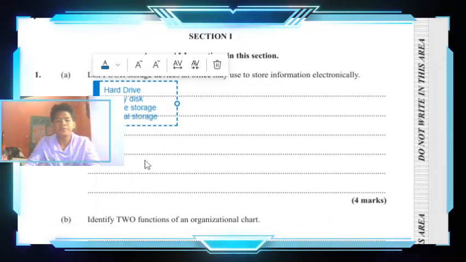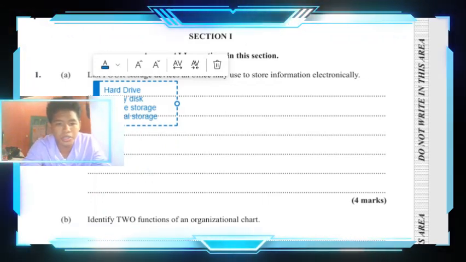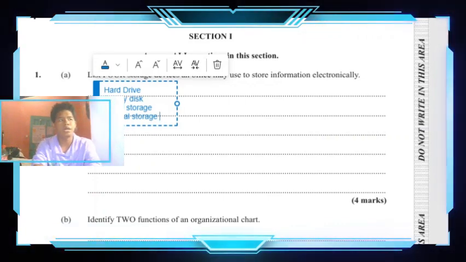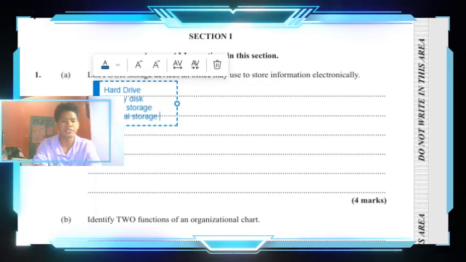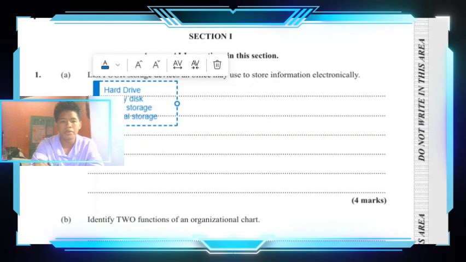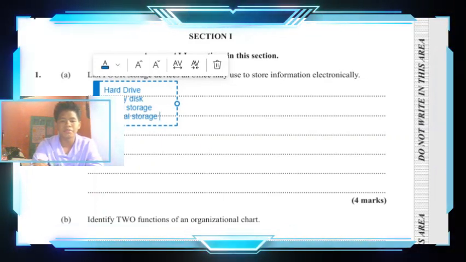So hard drive, floppy disk, cloud storage, and internal storage. There are a lot of different types of storage devices, so with this, just a few: hard drive, floppy disk, cloud storage, and internal storage.